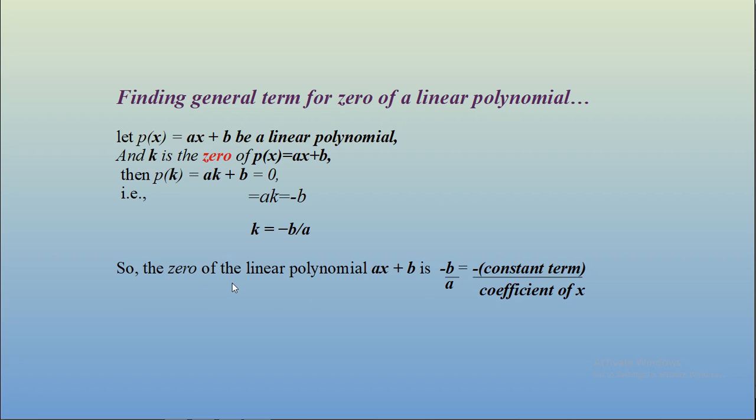So the 0 of the linear polynomial ax plus b is equal to minus b by a, that is equal to minus of the constant term divided by the coefficient of x.